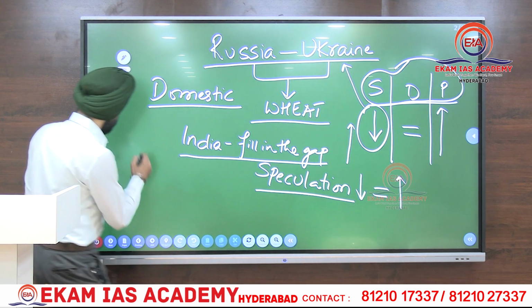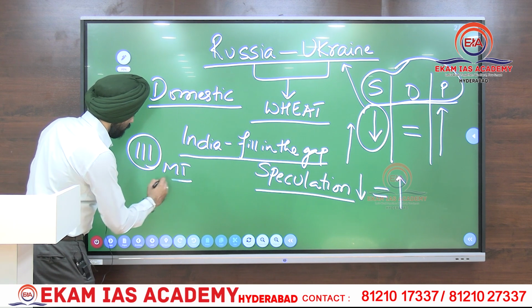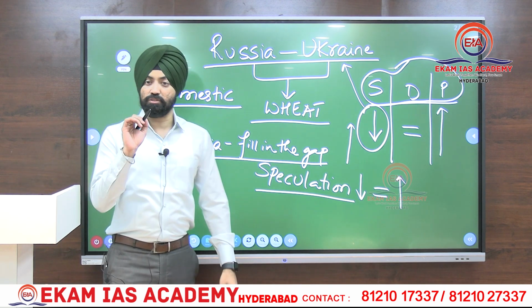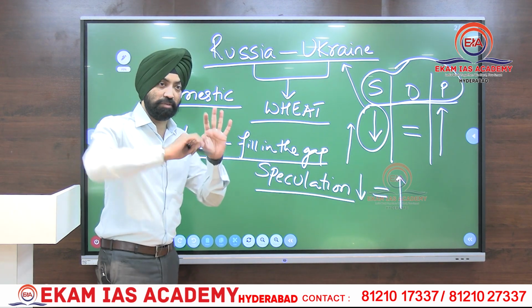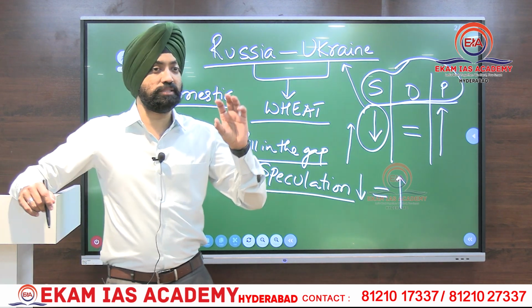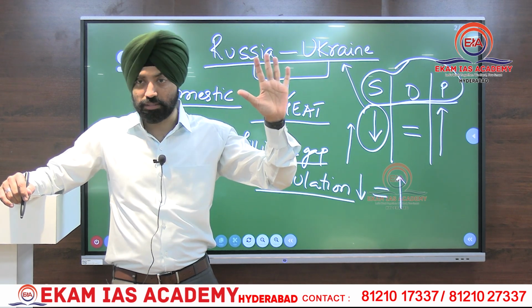The estimation of the government was that this year we will approximately harvest 111 million tons of wheat. There are 5 estimates given by the government as regards agricultural production: first, second, third, fourth and final estimate, right?